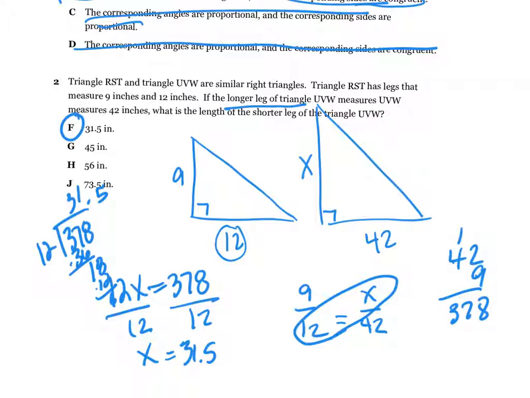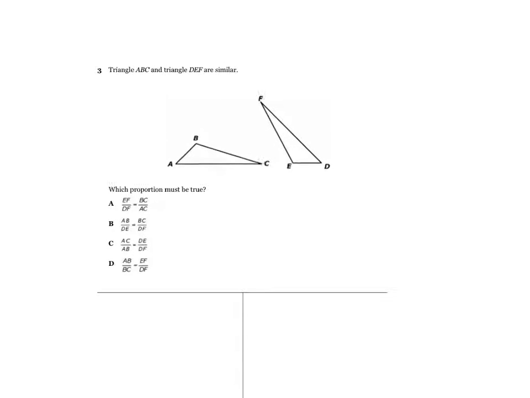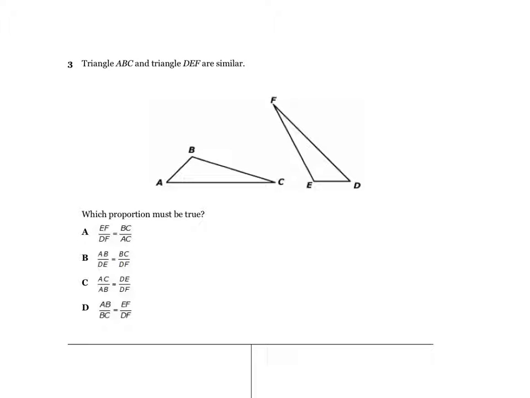Okay. And then number 3. Triangle ABC and triangle DEF are similar. Which proportion must be true? Okay, this is where we highlighted the different legs. So we said AB, DE, BC, EF. Okay, so which proportion is true?